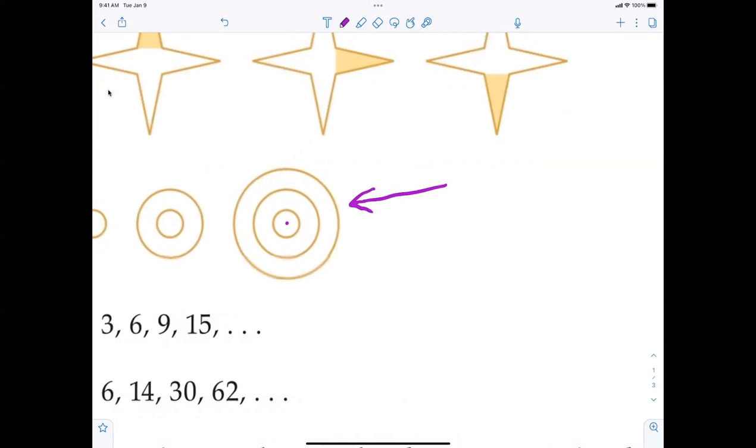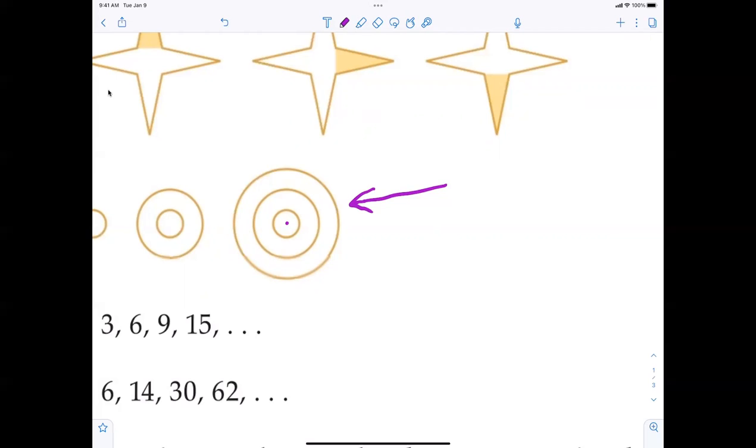Nobody from pre-algebra days? Where's that dot located? In the center. So that's called the center of the circle. Sorry, I know it's supposed to be some great fancy name, but no, that's called the center of the circle. So what's true about the center of the circle for all those circles?